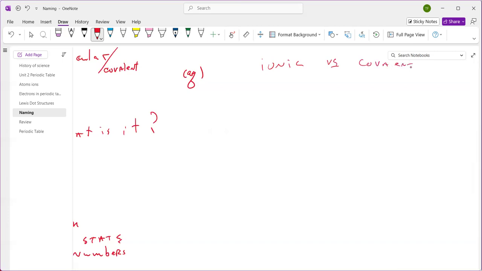I already mentioned yesterday what a covalent bond is. Covalent bond is for sharing valence electrons. Ionic bond means we're transferring electrons. So an ionic bond, one or more electrons are transferred.